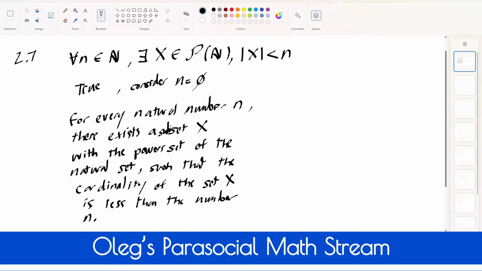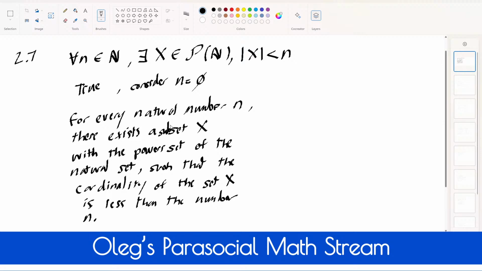Oh, there exists a set containing the power set of n. So if it's a power set of n, that means a subset of n. And if it's a subset of n, then the lowest subset you could have of a natural set would be the empty set. So that's very good. This is a subset. Okay, so let's see here.